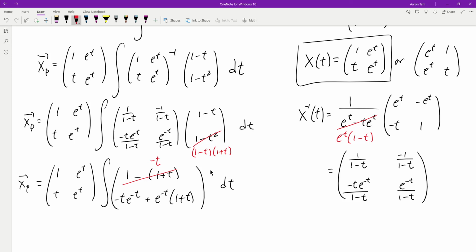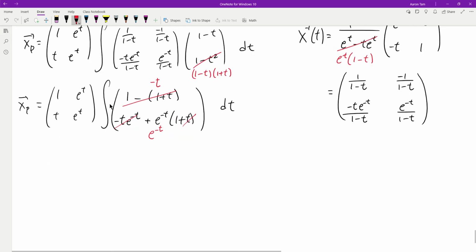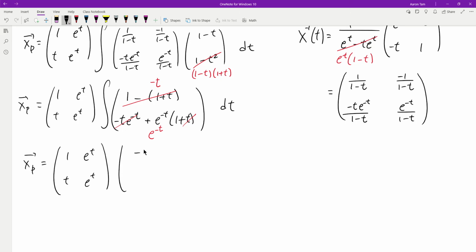On the bottom, notice that the negative t e to negative t would cancel out with the t part when they get distributed by e to negative t, and therefore just leave me with e to negative t on the bottom. So after all this math, it's come out pretty simple. So now I can actually integrate this, which is pretty nice. When I integrate this, I get negative 1/2 t squared.